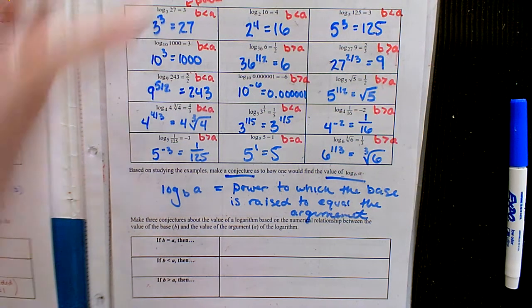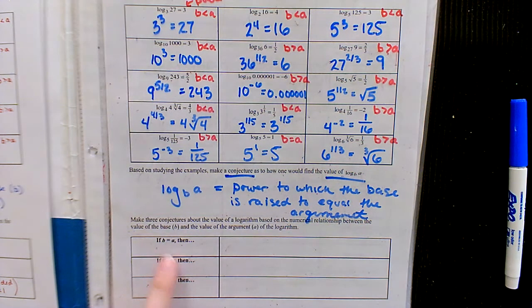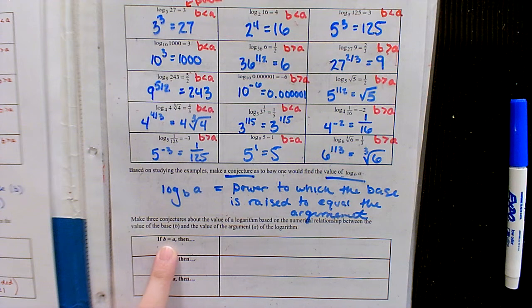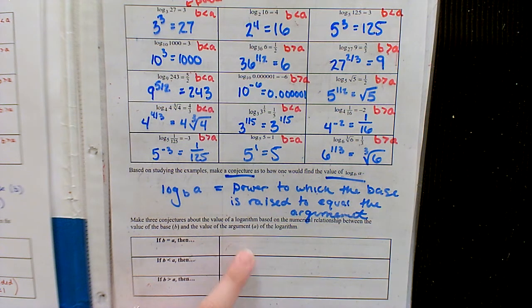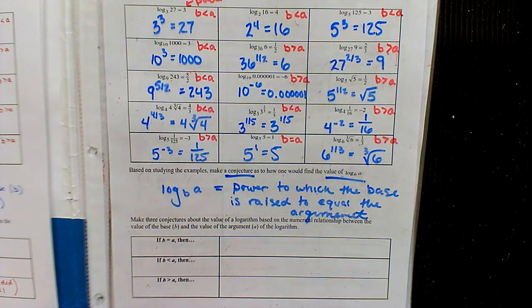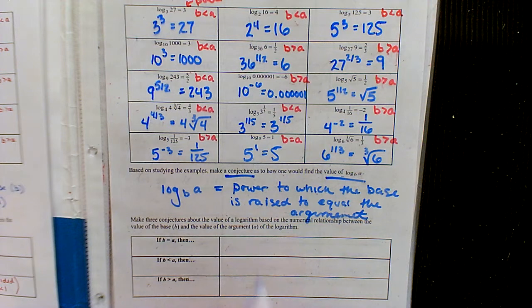Alright, so looking at all those different relationships you labeled, can we find one where you said the base was equal to the argument? If that was the case, what was true about the value of the log? Yeah. It was raised to the first power. Uh-huh.